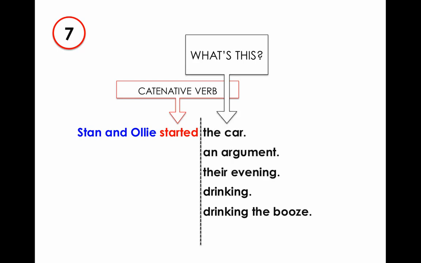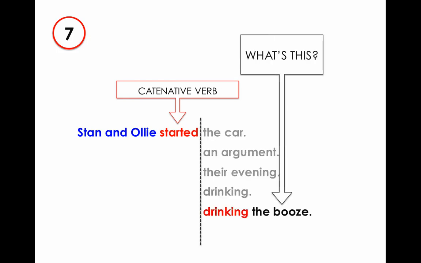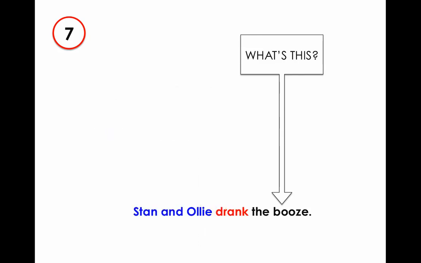So when we look at the sentence at the bottom of the list there, they started drinking the booze, we may want to say that the verb drinking is the object for started. What did they start? Drinking. But we can also ask, what is the booze in this sentence? Now have a look at this.